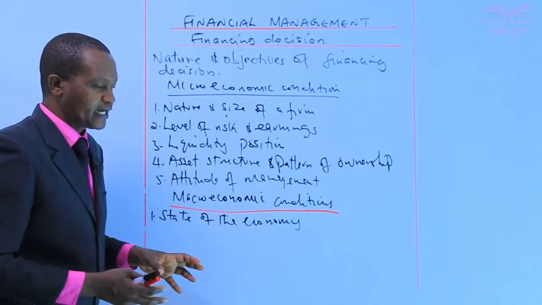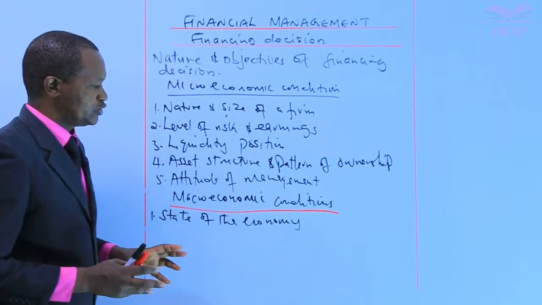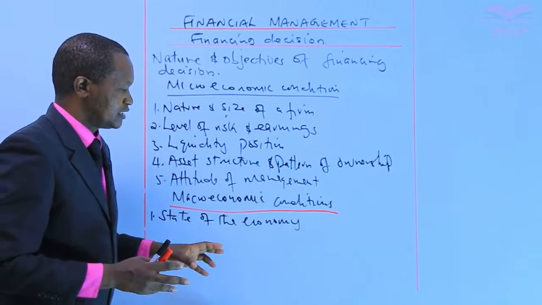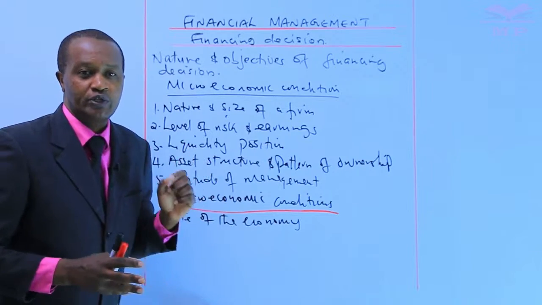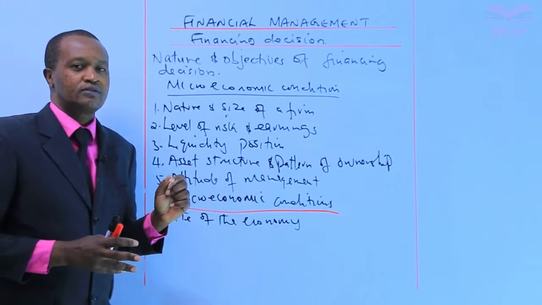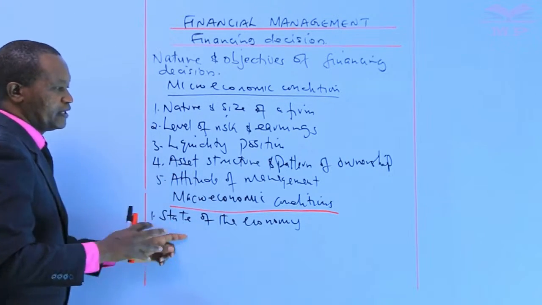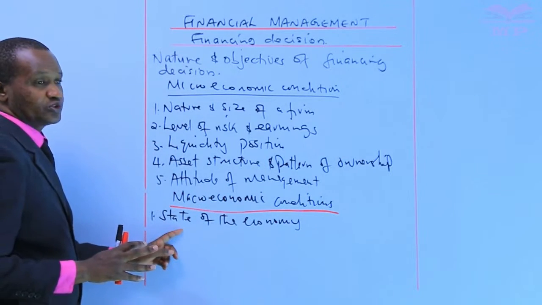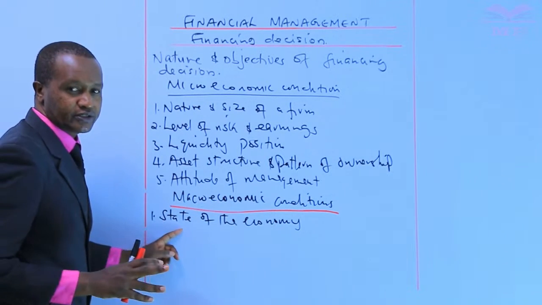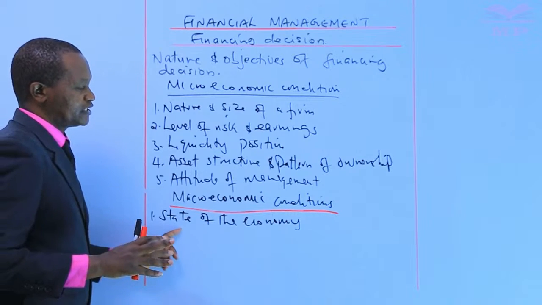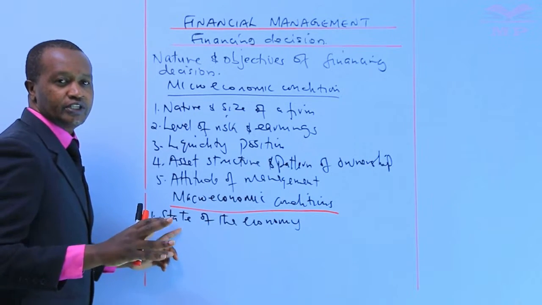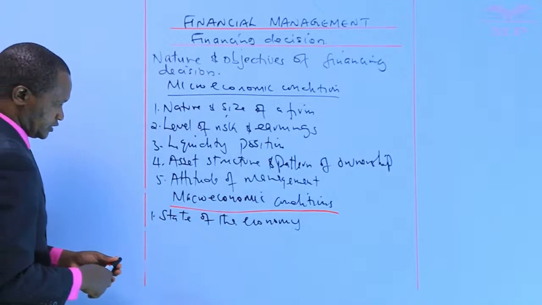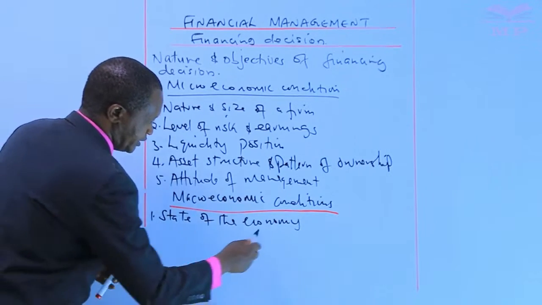So when the economy is on a downtrend, the finance manager should avoid investing in new projects. The finance manager should shy away. The finance manager should avoid expansion programs. Okay? State of economy.